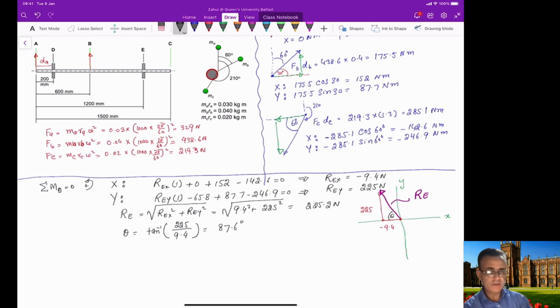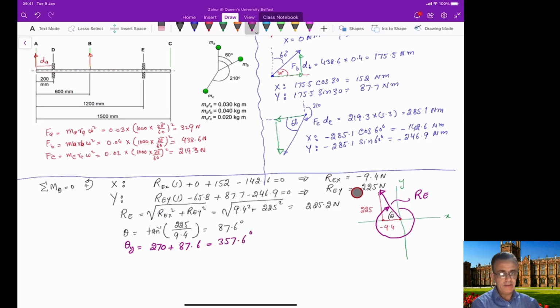So to calculate this angle, it will be 270 plus 87.6, which is 357 with respect to y. This is the same angle as we calculated in the previous example, and RE is exactly the same as in the previous example.